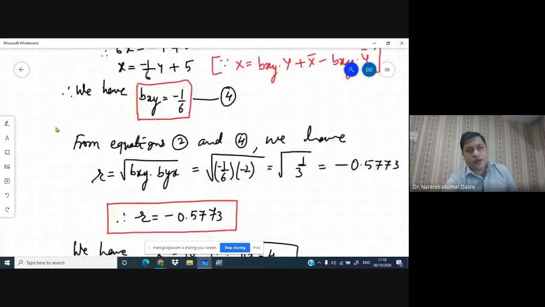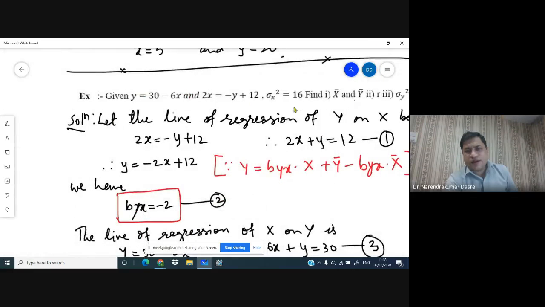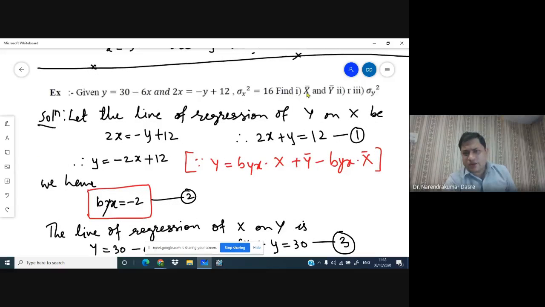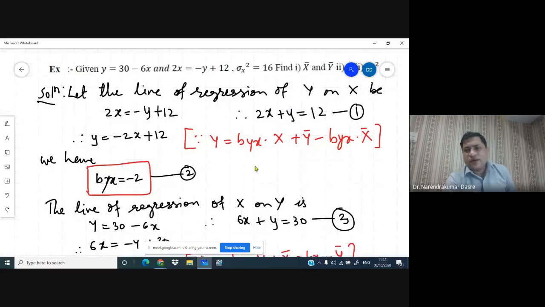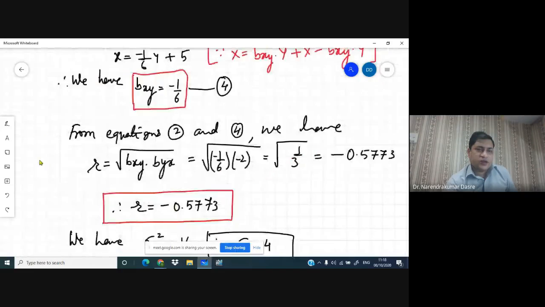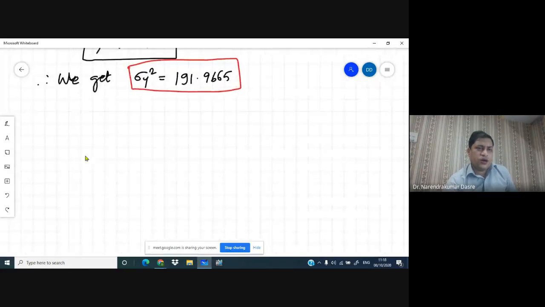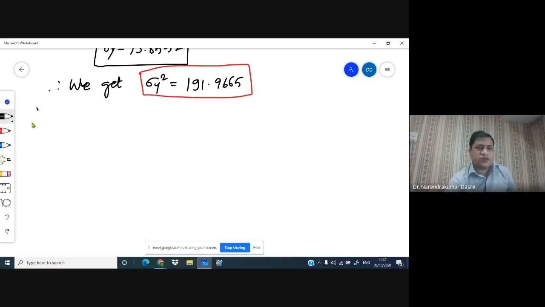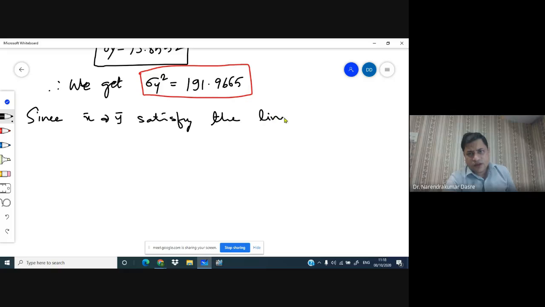Okay, and now what we have to do is find x bar and y bar. So let us try to find x bar and y bar. We have to use equation 1 and equation 3. Since x bar and y bar satisfy the lines of regression, that means they satisfy both the lines.